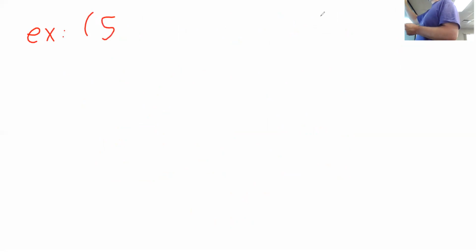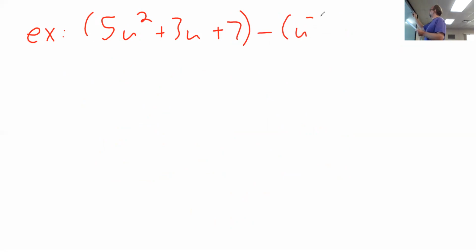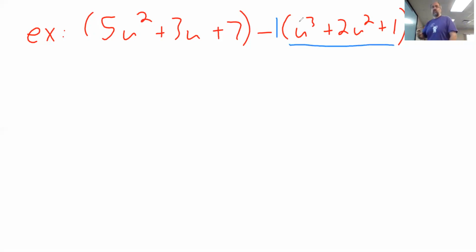We've got 5u to the 2 plus 3u plus 7, minus, u to the 3 plus 2u squared plus 1. Okay. So we're going to distribute the minus 1 that we got here. So there's a minus sign right there. That means we're going to change the opposite sign of all these pieces when you pull it out of parentheses.